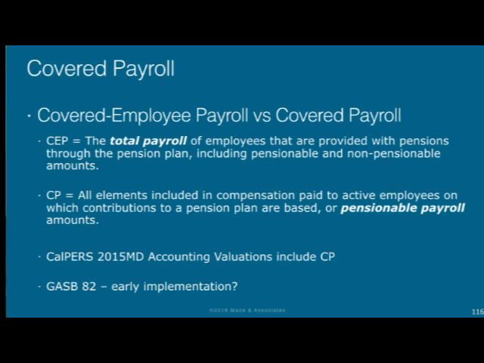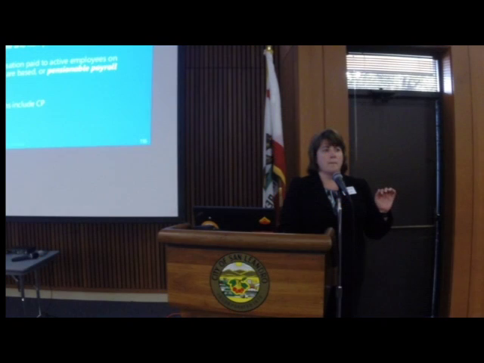Covered payroll, which is the term we're more familiar with, that's what was required to be disclosed in the past, prior to 68. Covered payroll is just your pensionable payroll. So if you were to look at your accounting valuation for measurement date 2015, PERS has a footnote that refers to GASB 82 and says that the information they're providing you is only covered payroll.